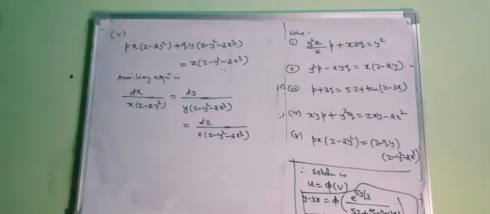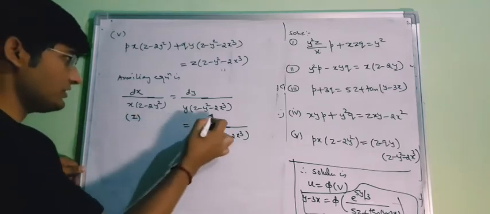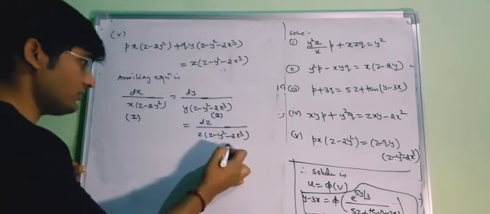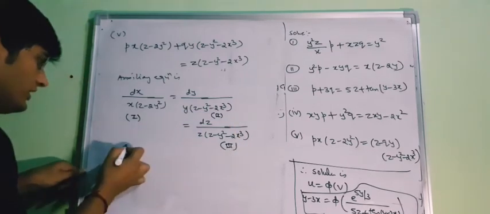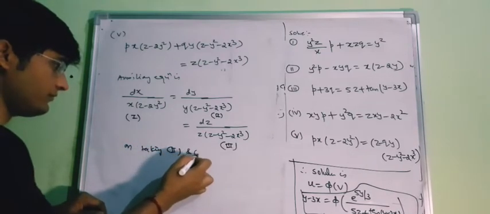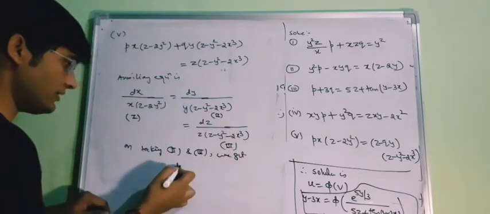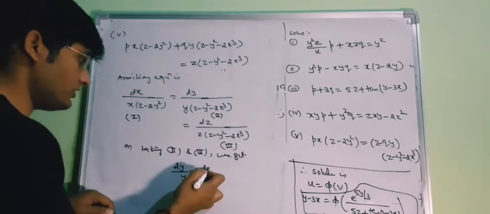Now let us take the first term, second term and third term. From that we will get one solution. Say this is your first term, this is your second term and third term. On taking second and third, we will get dy upon y equal to dz upon z.